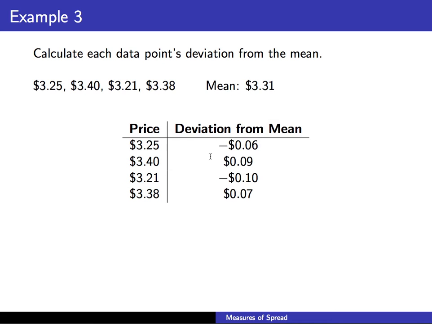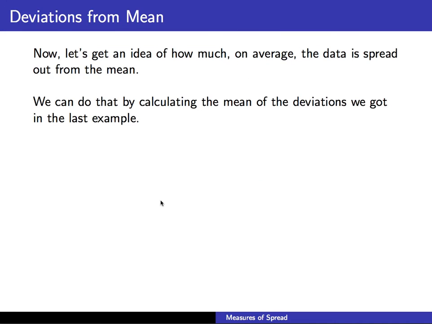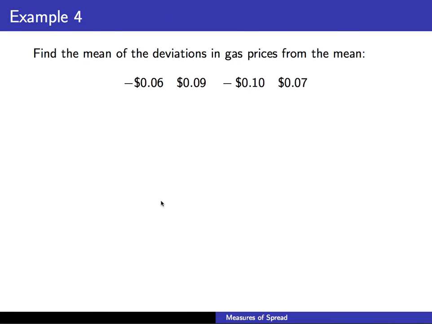If we take the mean of these deviations, we'll get an idea of how far on average our data spread out from the mean. So example 4, find the mean of those deviations in gas prices. Once again, here are our 4 deviations. We're going to find the mean of those 4 numbers. When we add them all up, we get 0, and 0 divided by 4 is 0. So on average, there's no spread from the mean.